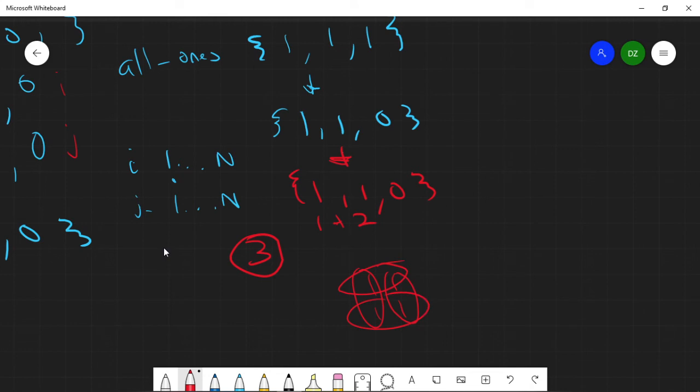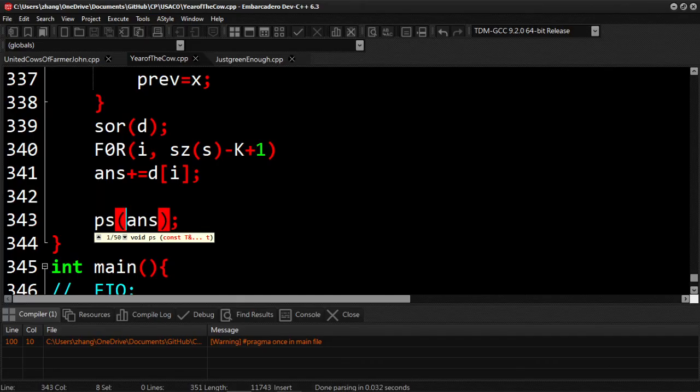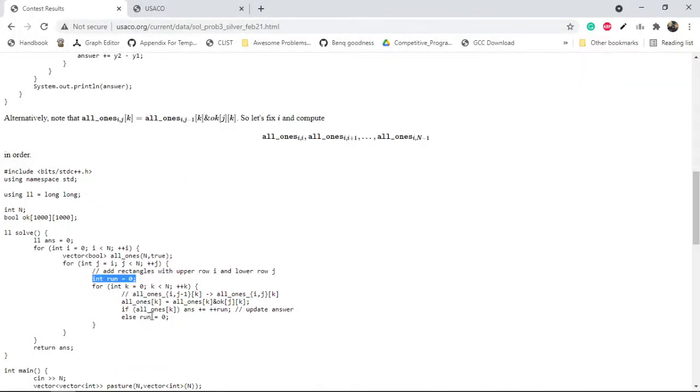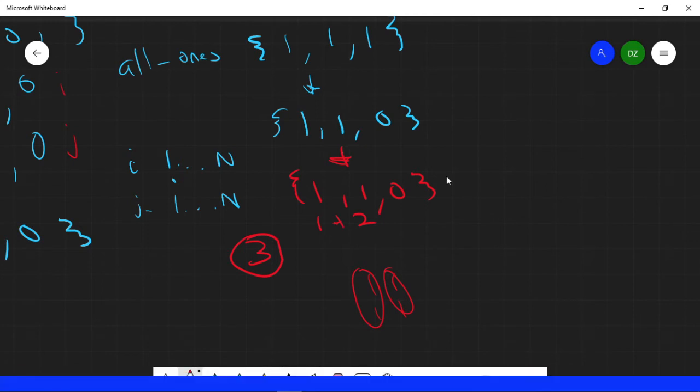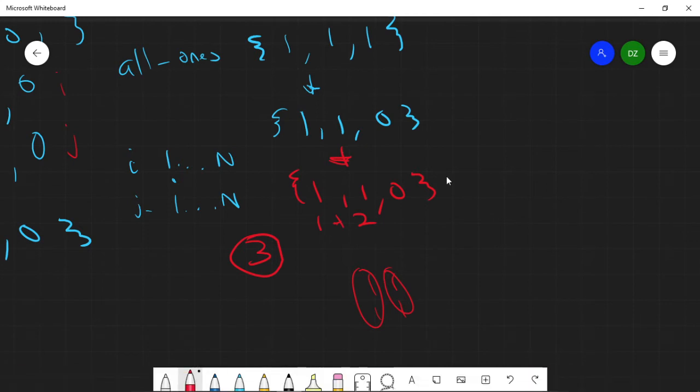3, or actually it would be just 1, 2... wait, I think the 3 comes from something else I remember. Oh, it could be 4 if I'm correct. Oh yeah, it's this.